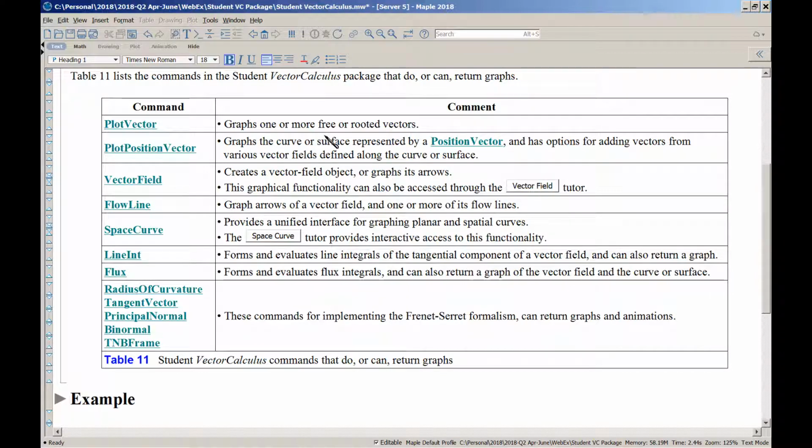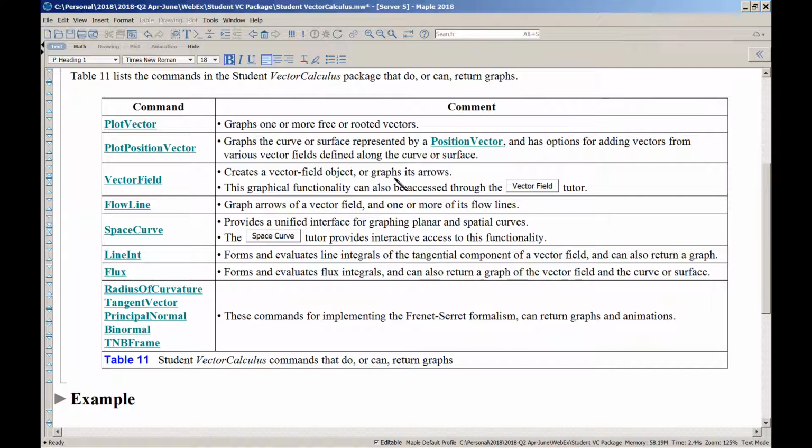It graphs one or more, either a free vector or a rooted vector. Plot position vector graphs the position vector, and it has options for graphing curves and surfaces and vector fields along those curves and surfaces. You can get a graph of a vector field if you use the vector field command.